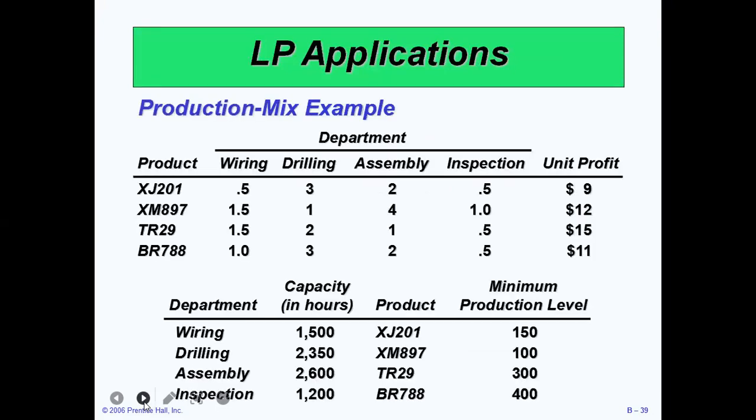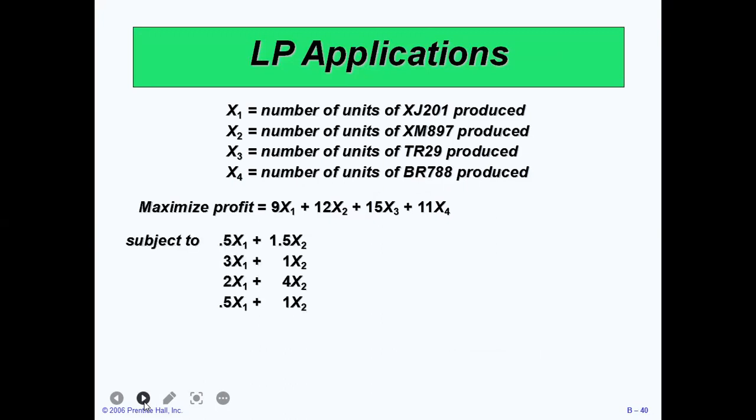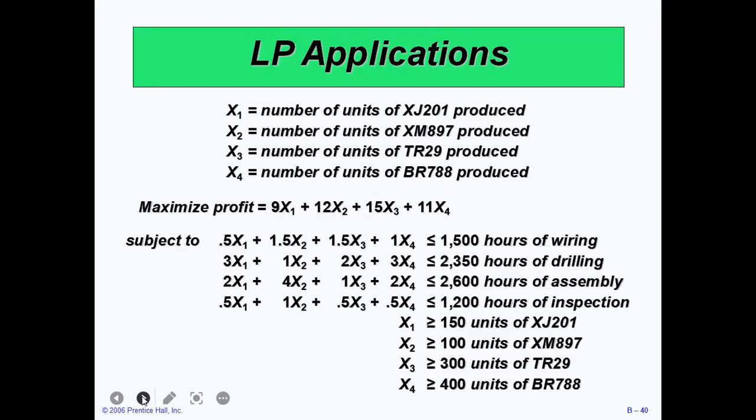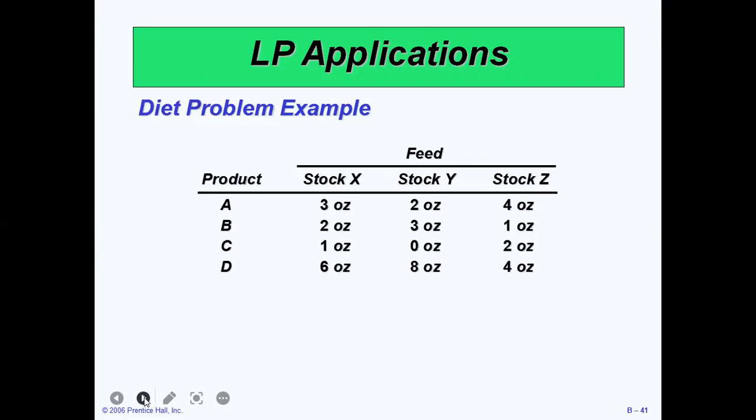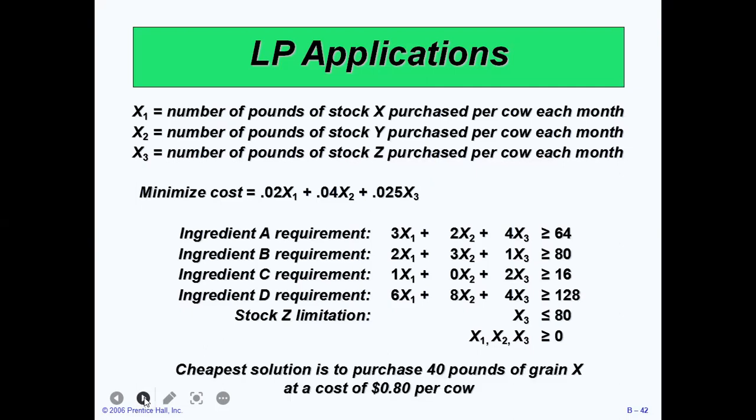The production mix example. Maximization of profit subject to this. Diet problem example. There are 4 products: stock X, stock Y, stock Z. So there will be 3 variables, X1, X2, and X3, 3 decision variables, and 5 constraints or limitations, and we have to minimize the purchase cost.